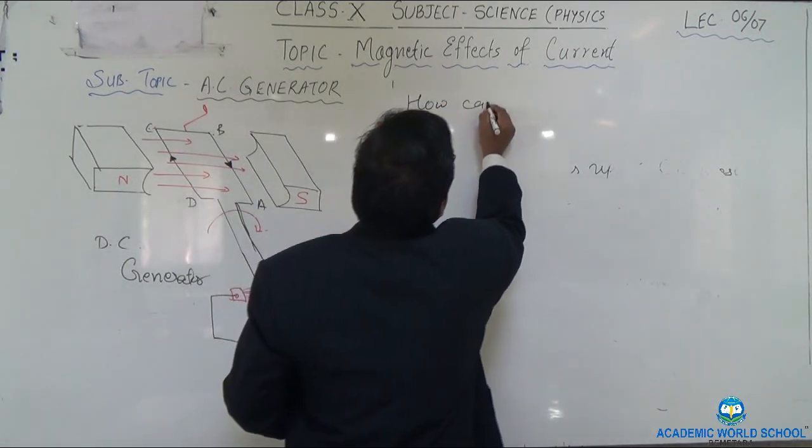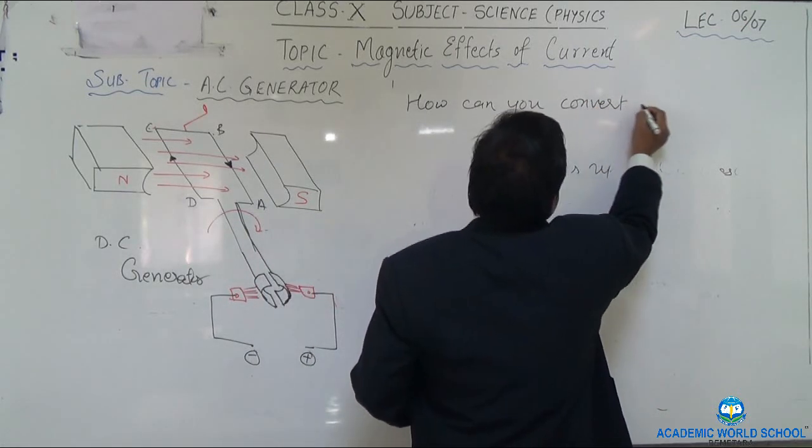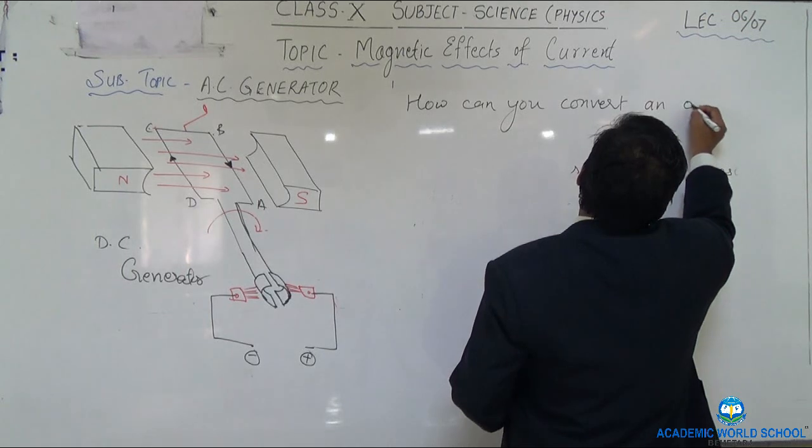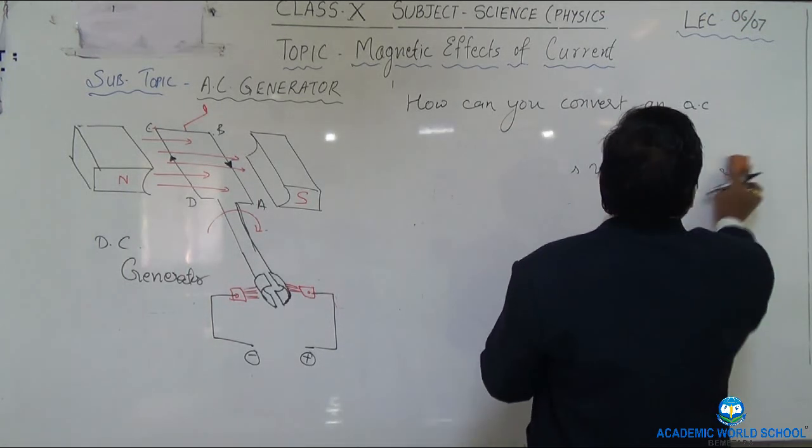How can you convert an AC generator to a DC generator?